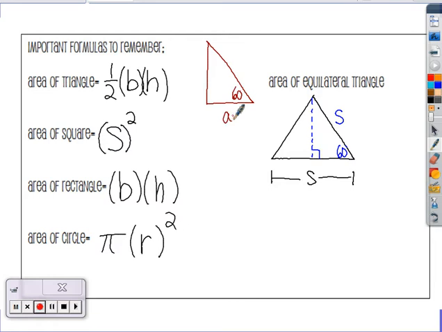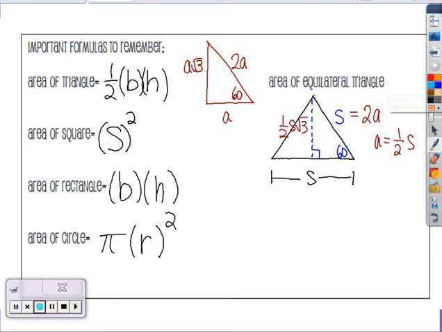If this is a, this would be a root 3, and this would be 2a. So if my s is supposed to be my 2a, then that would make a 1/2 s. Therefore, to find the height of the triangle, a is 1/2 s multiplied by root 3.